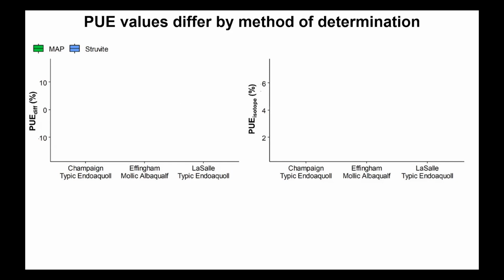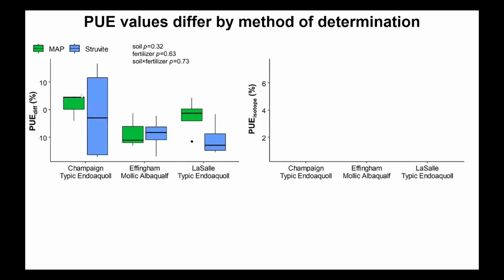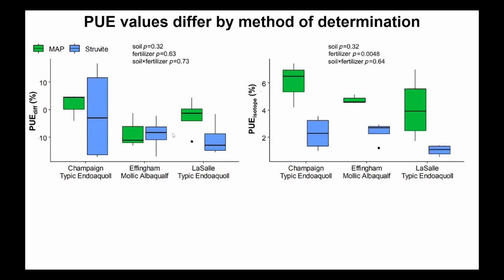So let's begin with the PUE by difference. We find that overall, we get largely negative values. If we look closely, compared to the PUE by isotope, where the values are above the zero line, we get negative PUE percentages by difference. We do not see that with the PUE by isotope.